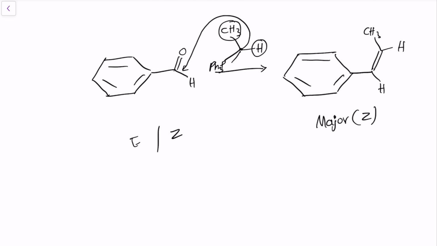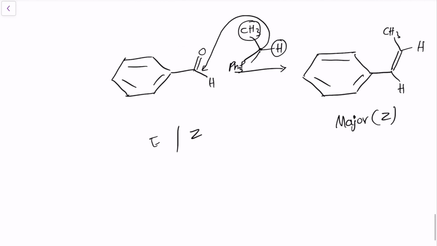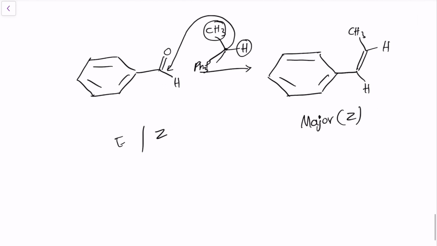But again, that depends on what type of groups you have on it. If the group that you have on the carbon is an electron donating group, you end up creating a Z isomer. If it's an electron withdrawing group, you create an E isomer.